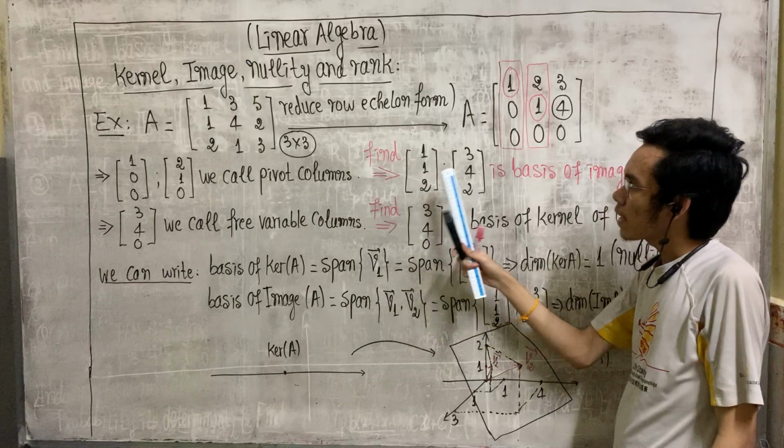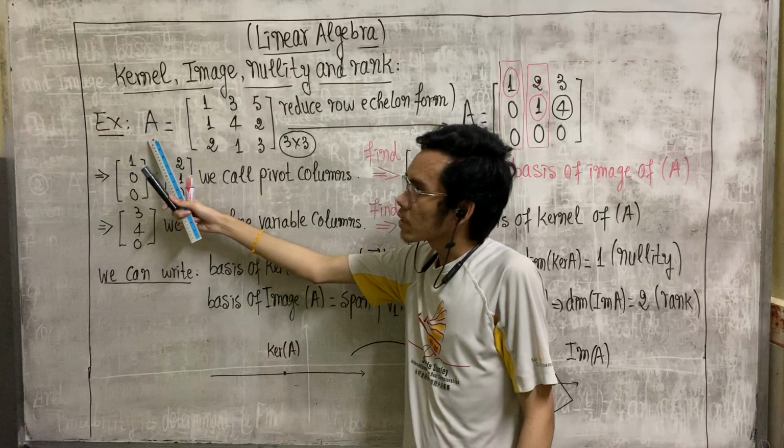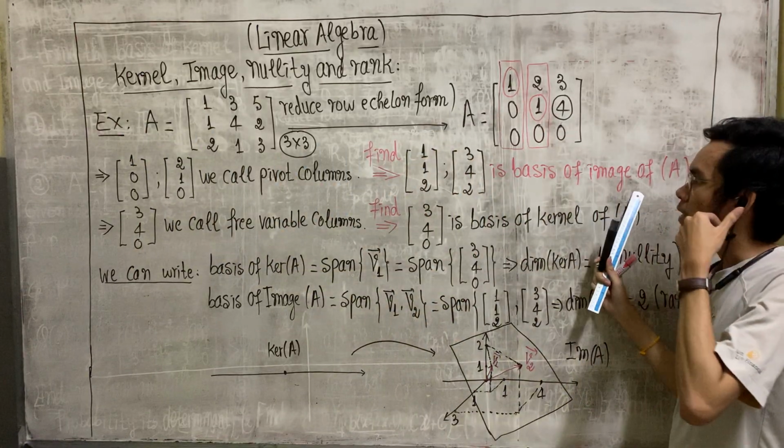The vector v1 and vector v2, the first and second columns of the original matrix A, we call a basis of the image.